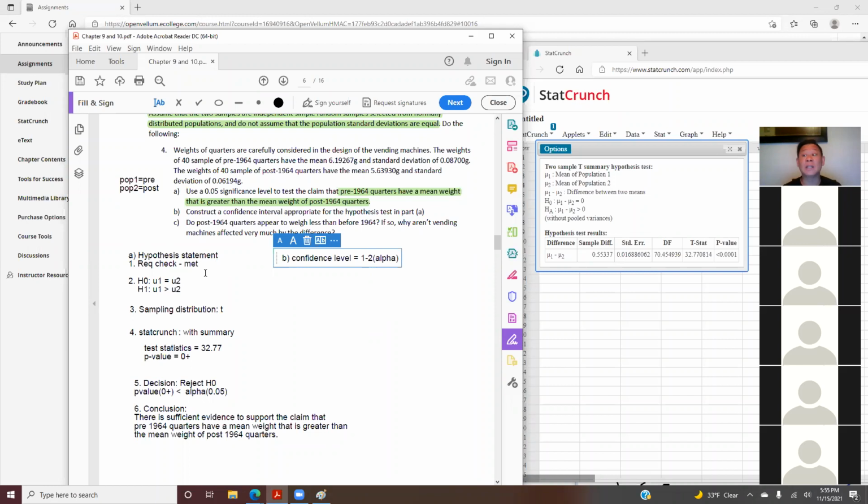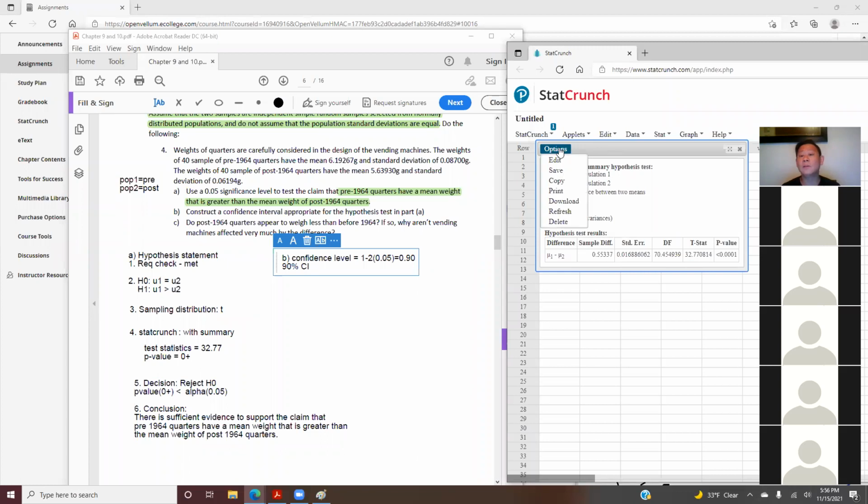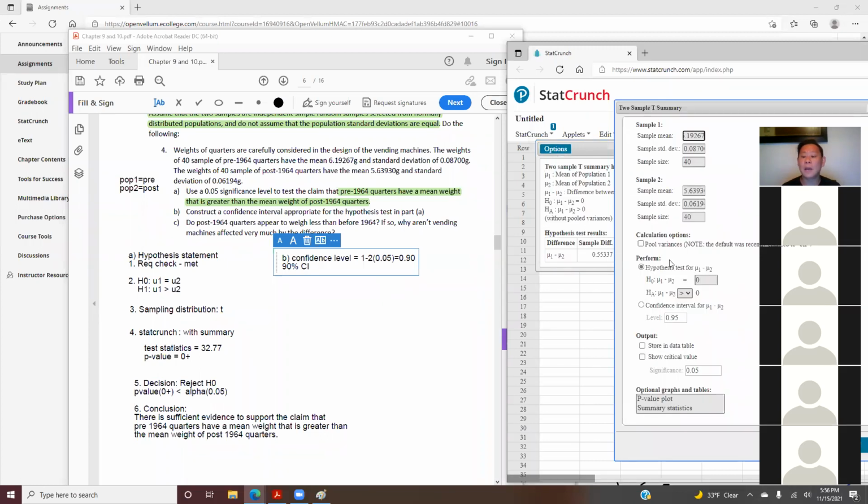It's similar to what you did in that one. What is alpha in this case? 0.05, which gives a 90% confidence interval. So how do we find it? You go to your options, go to your edits, and change from hypothesis to confidence interval, and you put 90%.